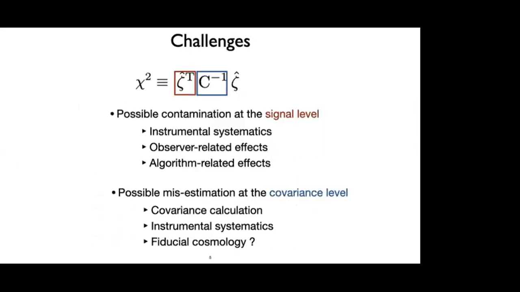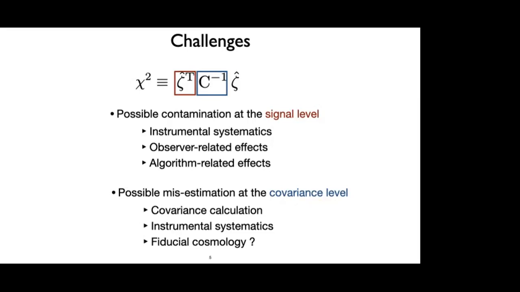Now that our goal is very clear, we want to compute the chi-square, but where is the challenge? If we come back to the definition of the chi-square, there are 2 components that enter this number: the 4-point function, or the signal, and the covariance that quantifies the error bar. This basically says we need to worry about contamination at the signal level and also at the covariance level.